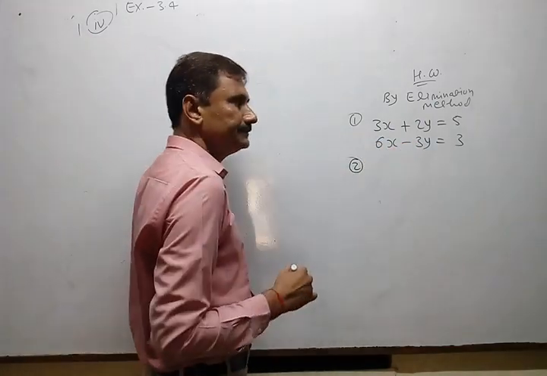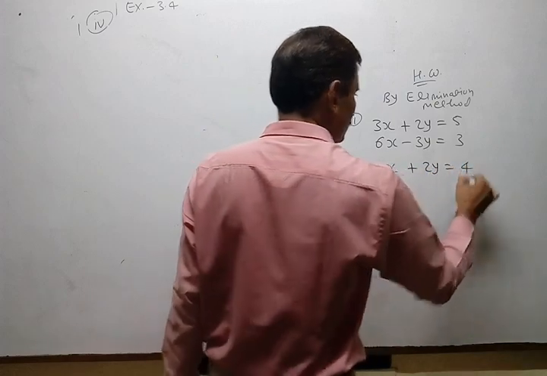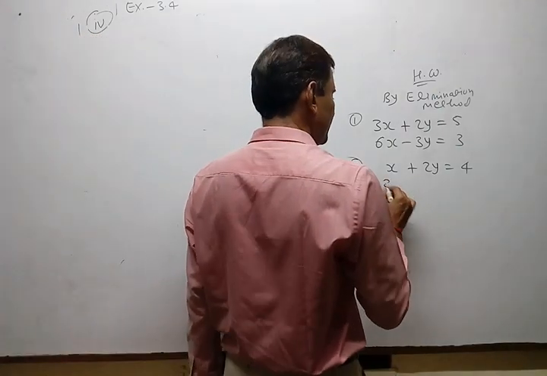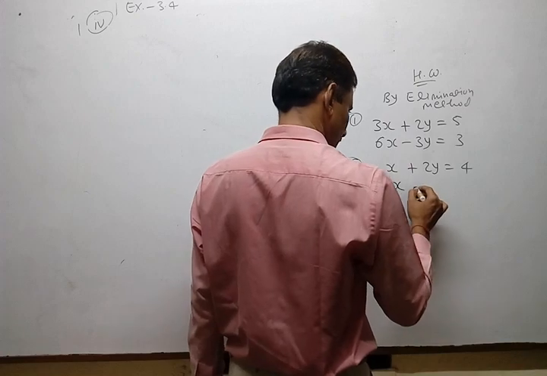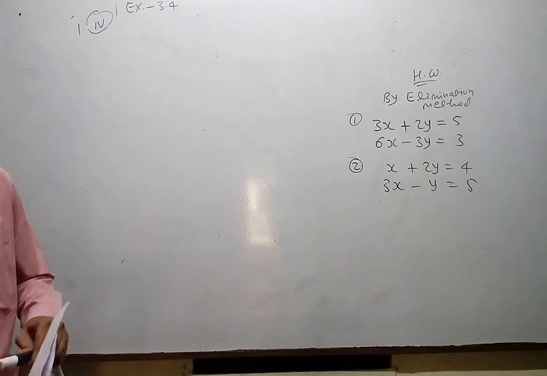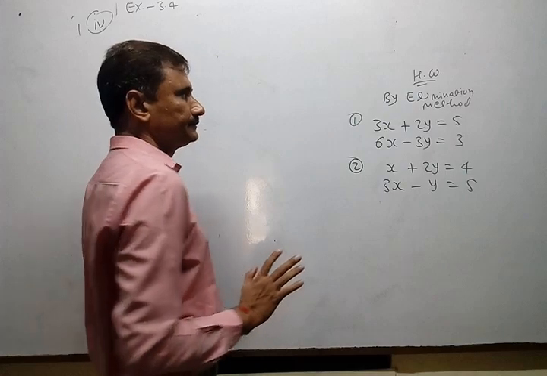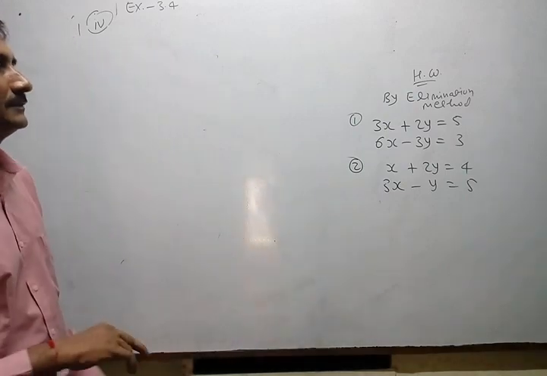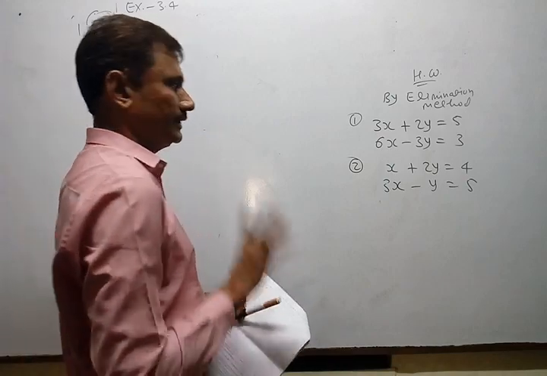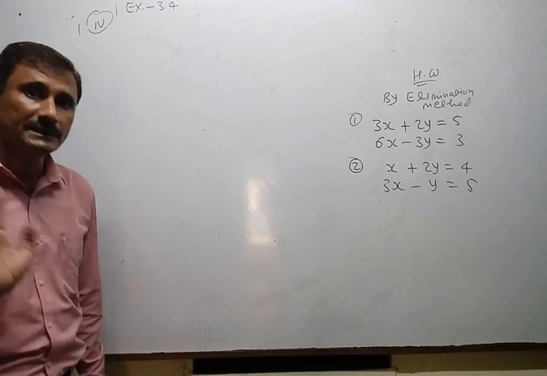Now number 2: x plus 2y equal to 4. 3x minus y equal to 5. Okay, so this you have to solve. You just get the answer and verify, so no need to give the answer here.